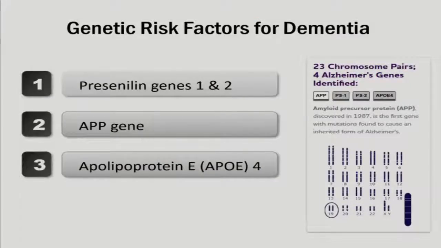Right, so these are the important genes. The first 2 are important in early dementia, and that is not a common thing. However, number 3 is apolipoprotein E4. And if you have that gene, you are about 30% more likely to get dementia. So there's some value in identifying whether you have it or not.